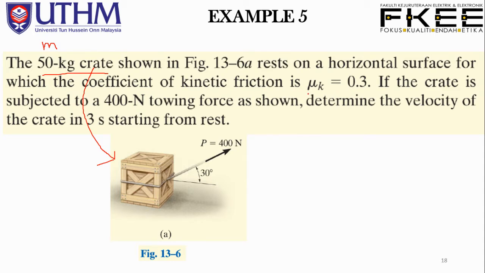So this is the coefficient of the kinetic friction. Rest means it is unmoved or just static over here, so v equal to 0, for example. So no speed or no velocity, as well as no acceleration.